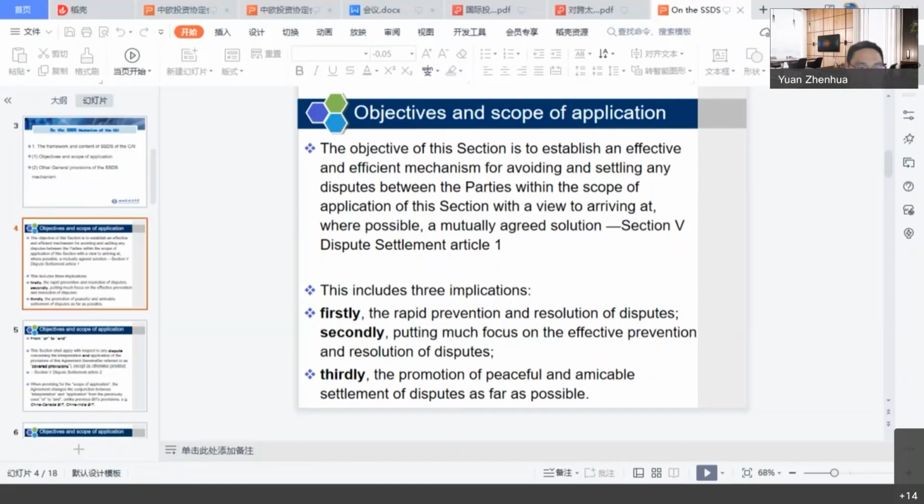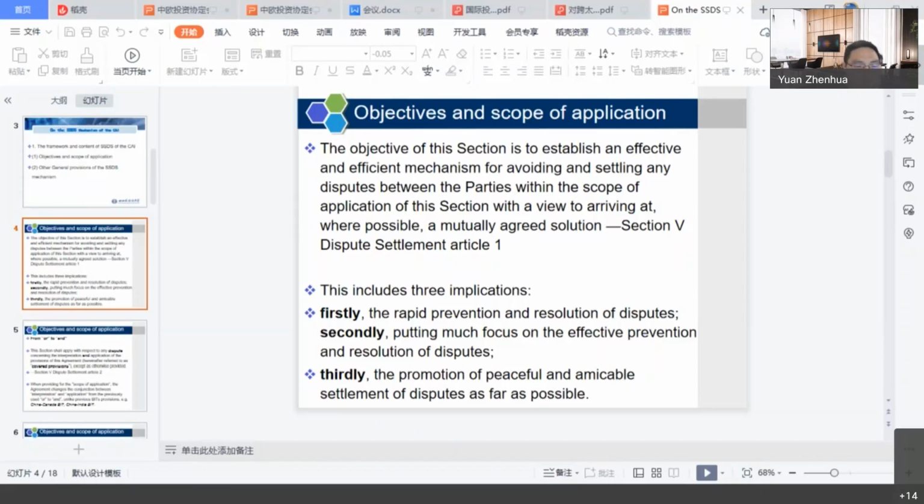And the second is about the measure in the CAI. Also in Section 5, the dispute settlement mechanism, in Article 2, the complaining party shall deliver the request to the other party.